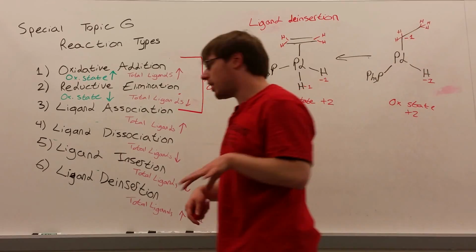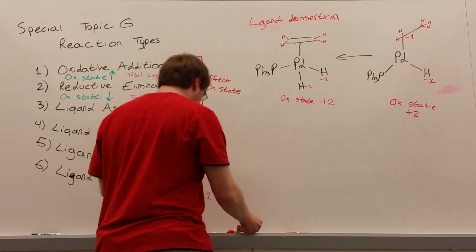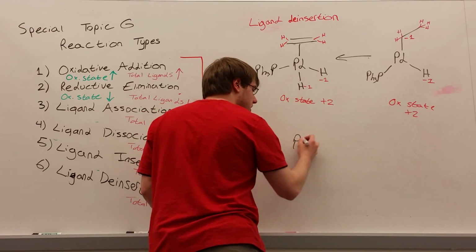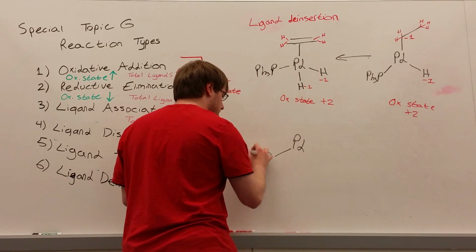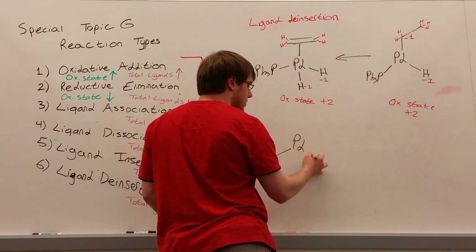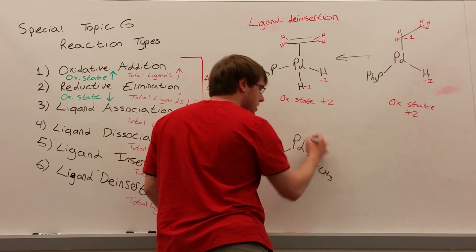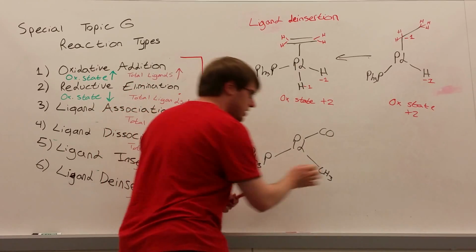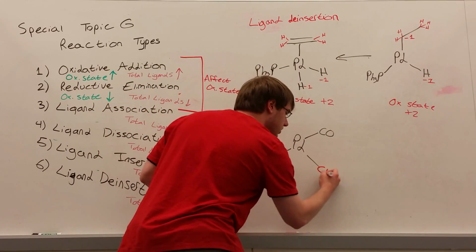And that's the gist of ligand insertion, although there's one other way you can see it commonly. Let's give you a palladium, let's stick on a PPh3 for fun, not going to do anything. I don't think it really does anything for our purposes in this course. Let's put a CH3 and a CO. Okay? Now I'm going to rewrite this CH3 in red because it's important.